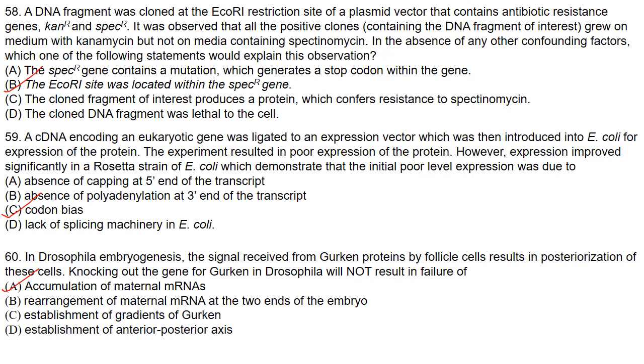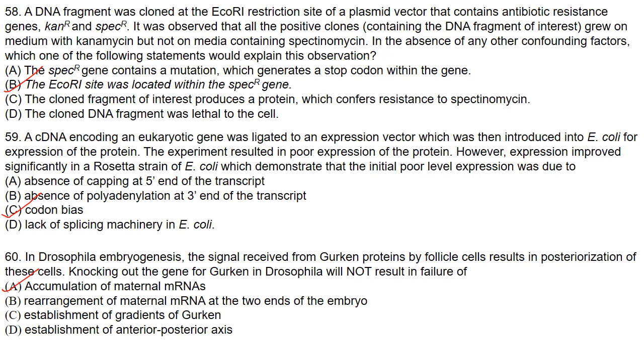So a cDNA region from a eukaryotic gene was ligated to an expression vector, and this expression vector was introduced into E. coli for production of the recombinant protein. But what happened? The experiment resulted in poor protein production.